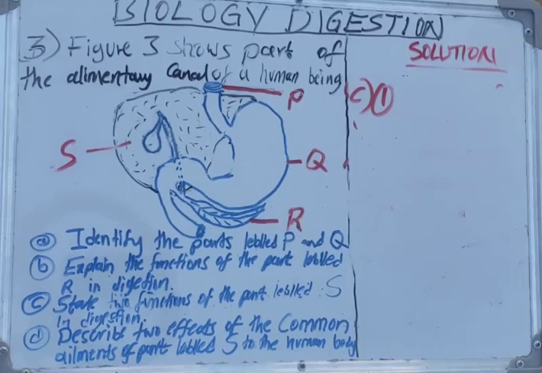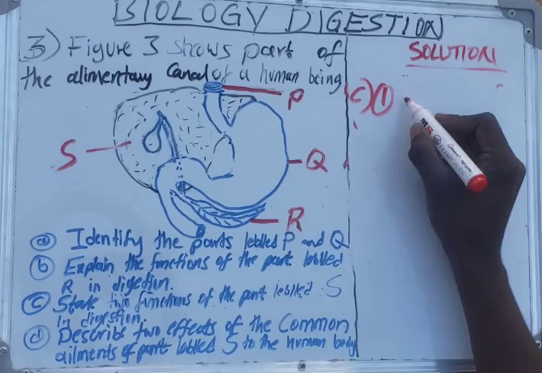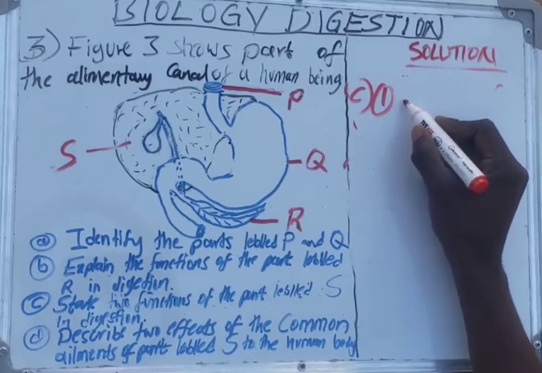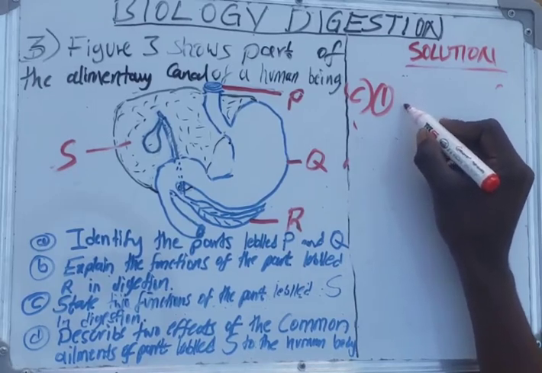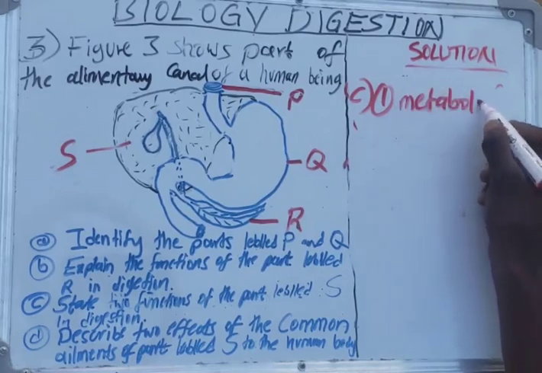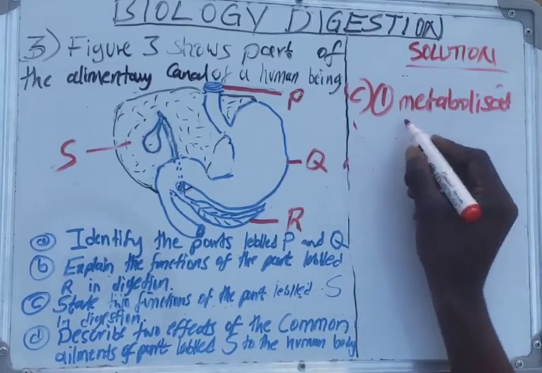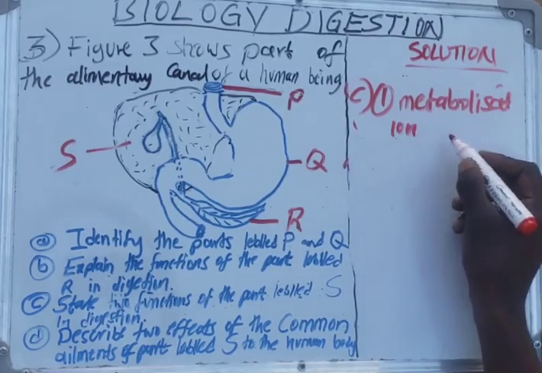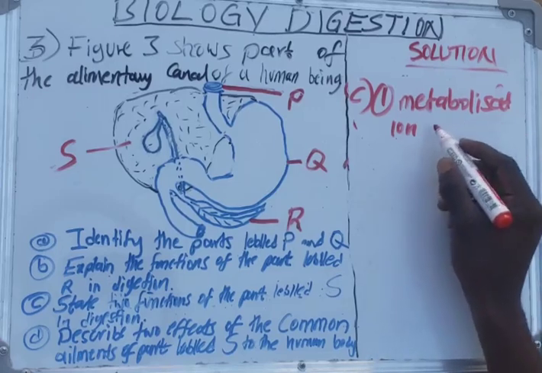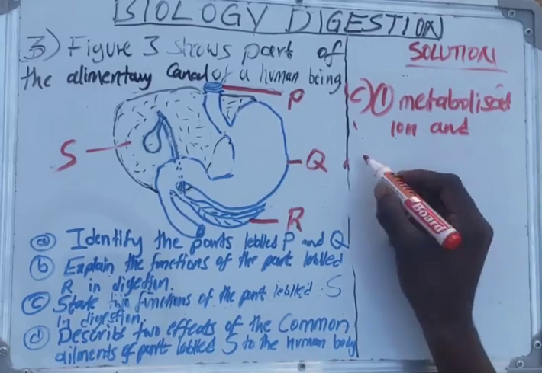So the first one, the liver is used in the metabolism of nutrients, and detoxification.